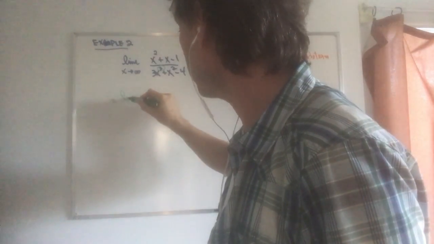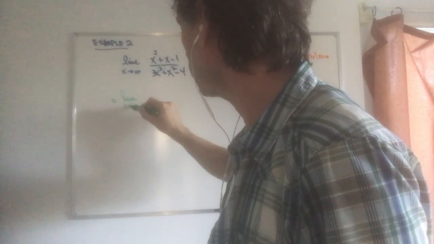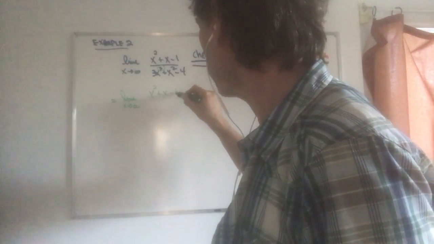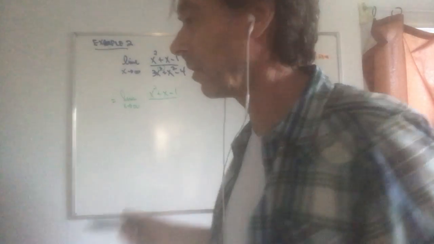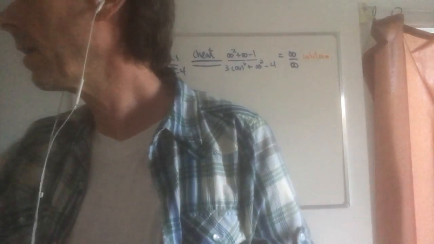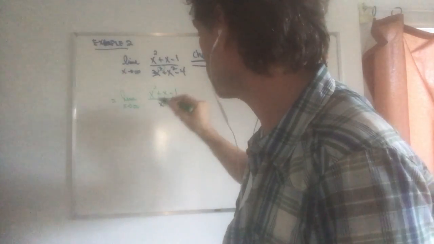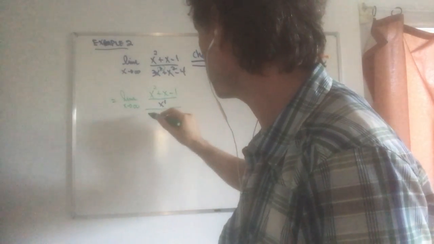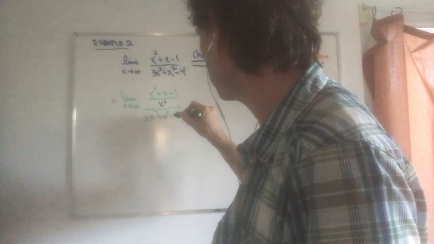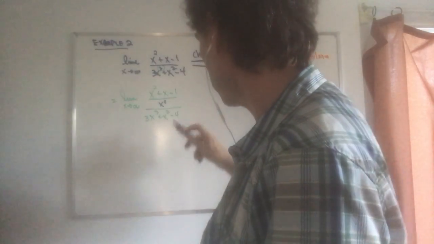So this is the limit as x approaches infinity of x squared plus x minus 1 over x cubed, that's the largest power in the entire expression, and that's 3x cubed plus x squared minus 4 all over x cubed.